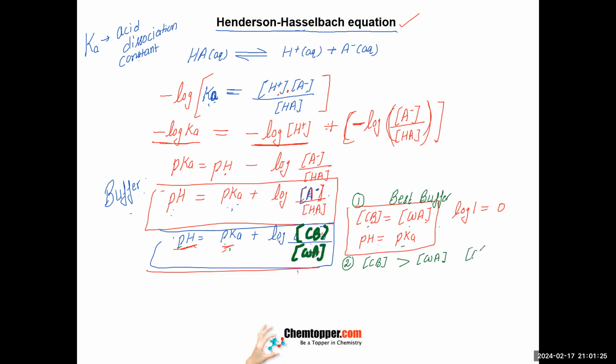The concentration of conjugate base over the concentration of weak acid is greater than 1. So the log of this value will be a positive value, greater than 0. If it is greater than 0, then pH is greater than pK.